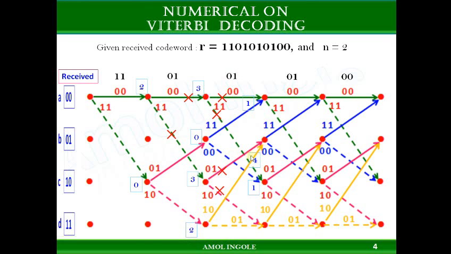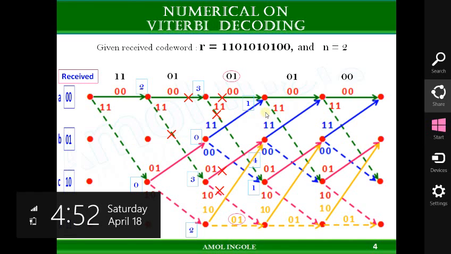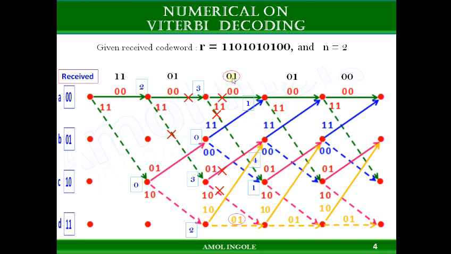So the path metric will be 4. It is this path from here to here. This is that path which has got the path metric equal to 4. Next, Hamming distance between 0, 1 and this 0, 0, 1. As they are same, the Hamming distance will be 0, which will be added with the path metric 2. So the total path metric will be 2 for this path from here to here, like this.